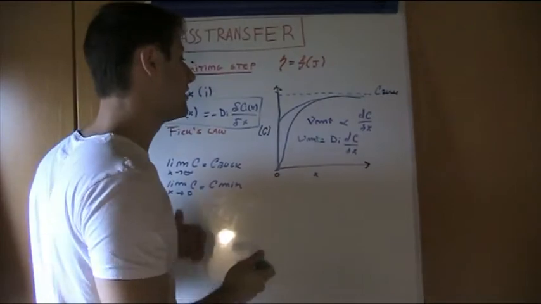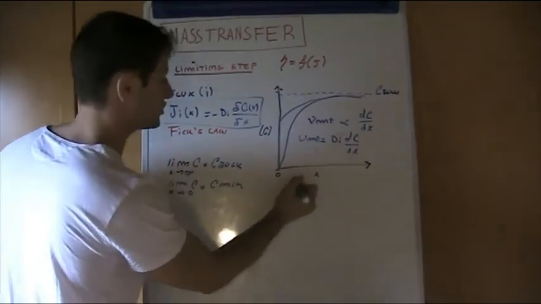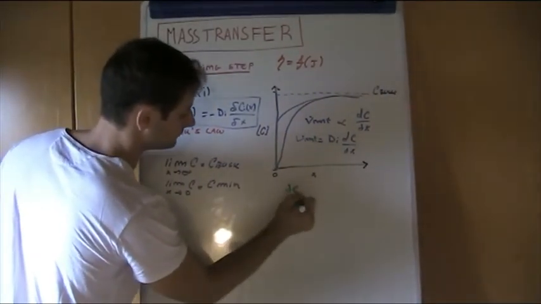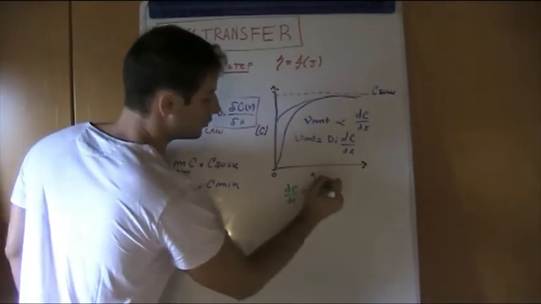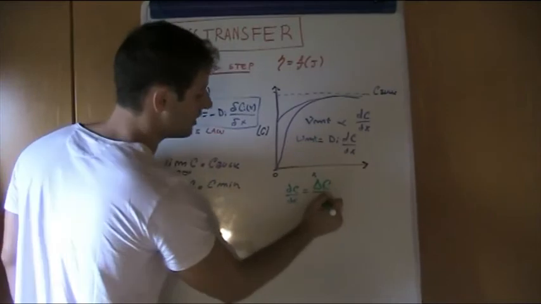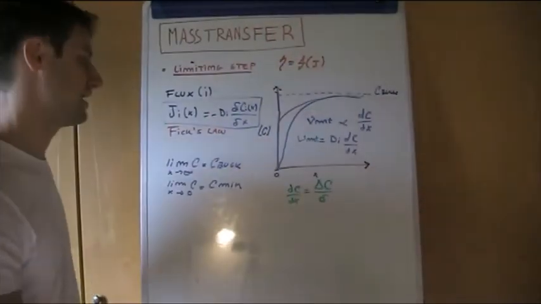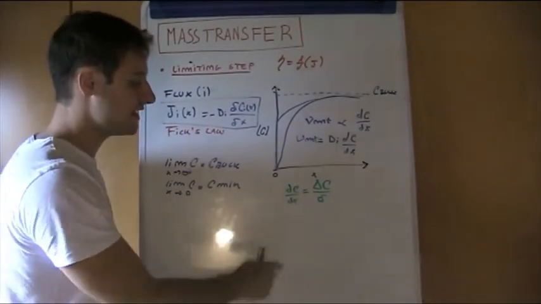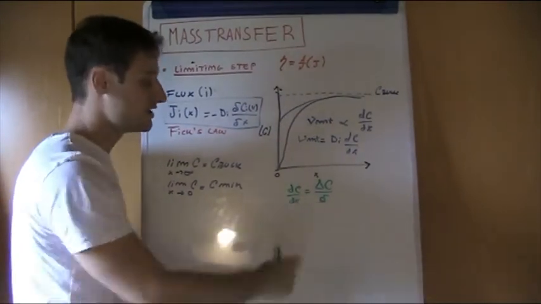So with the Nernst linearization we consider this as equal to an integrated variation of concentration versus a well-precise space. But what is this delta C and what is actually this space?